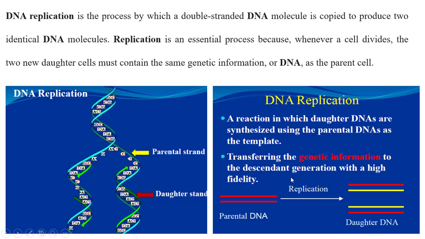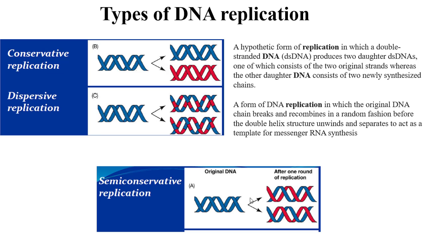In this way, during replication, the daughter DNA is synthesized by adding complementary nucleotides by the enzyme DNA polymerase. DNA polymerase has high fidelity and also has a repairing mechanism. It does not make any error while adding the complementary base pair during replication.